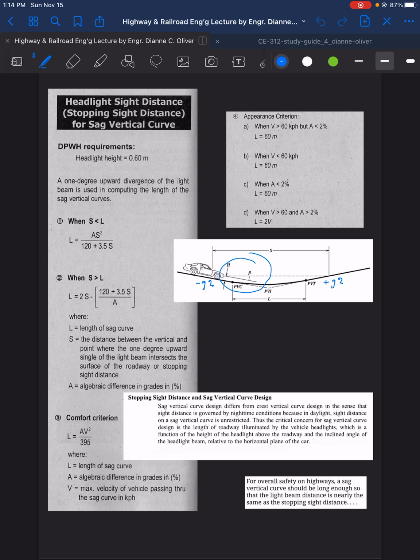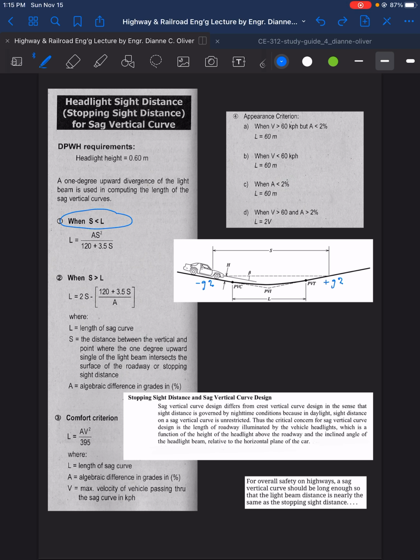So we have there the angle beta. Now as for the PW's requirements, the headlight height is 0.60 meter, and a 1 degree upward divergence of the light beam is used in computing the length of the sag vertical curves. Now we have here two conditions.